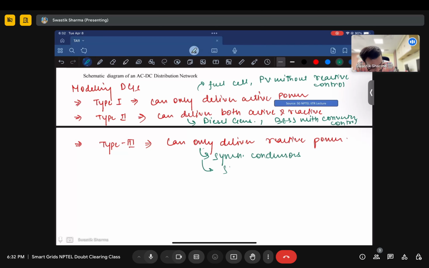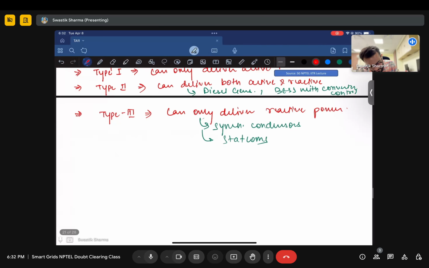Your STATCOMs, right? All they need to do is maintain the voltage by changing the reactive power absorption or supply. The last kind of DG modeling is type 4, where you deliver active power but consume reactive power.